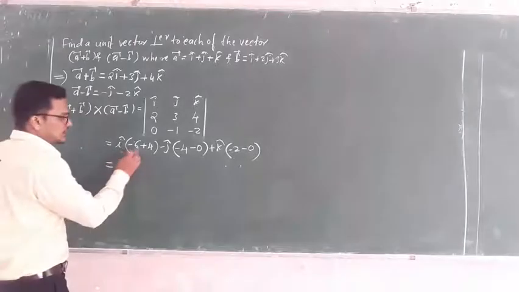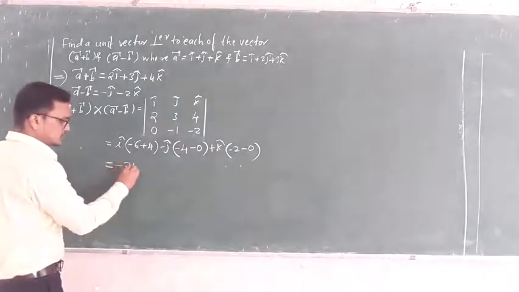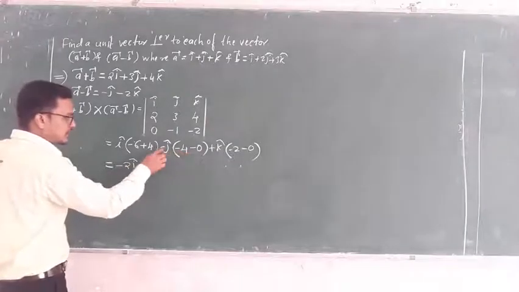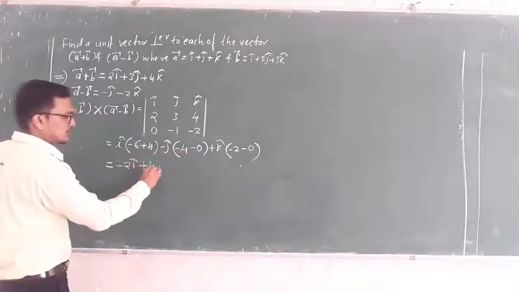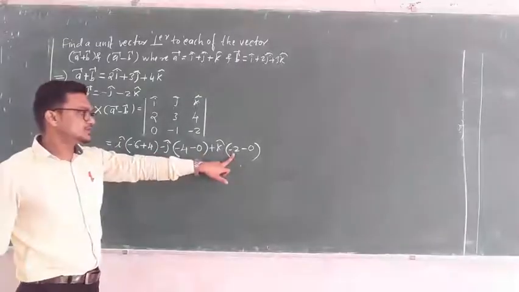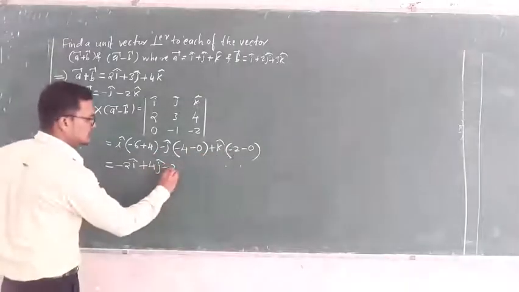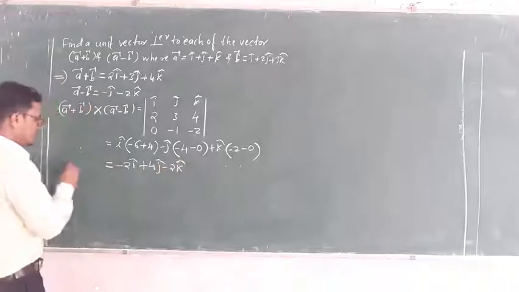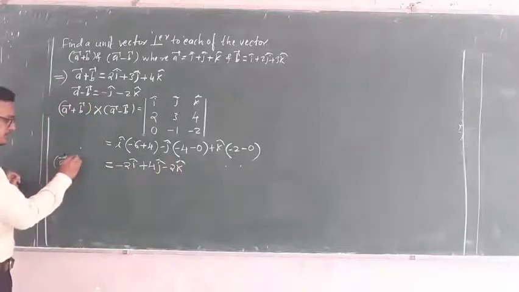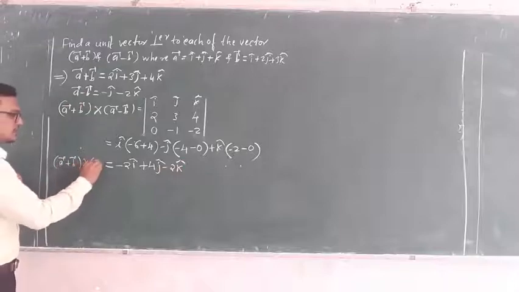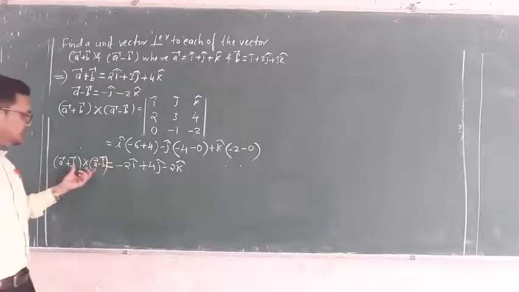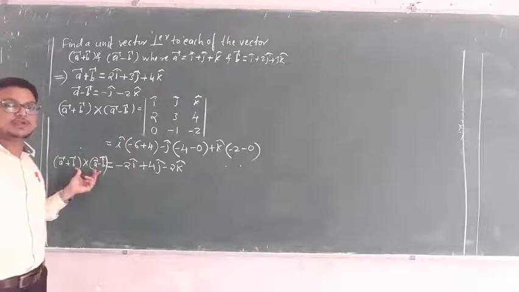The answer: minus 6 plus 4 is minus 2, so it is minus 2i. Minus 4 minus 0 is minus 4, and minus into minus gives plus 4j. Minus 2 minus 0 is minus 2 into k, that is minus 2k. So this is your a plus b cross a minus b. But after finding this, we have to find the unit vector of this.